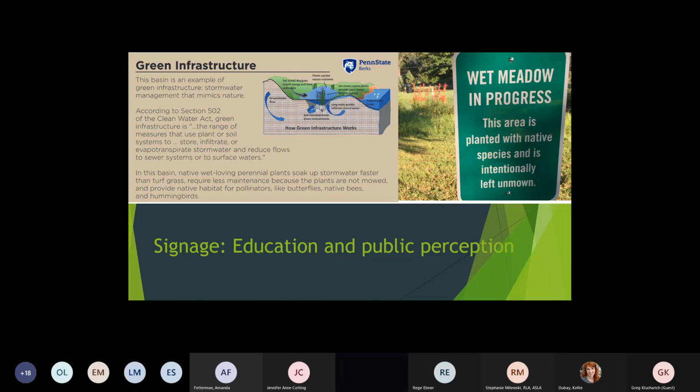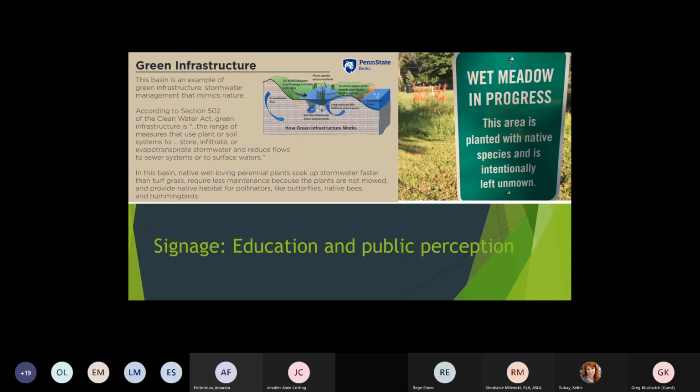Signage was really important in our basin because it's not mowed. And so we started out with the sign on the right. There's 2 of those in the basin to tell people what was going on, that this was not a neglected area, but this was planned for.